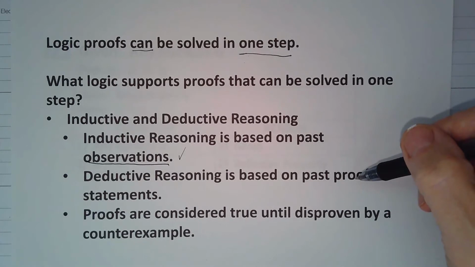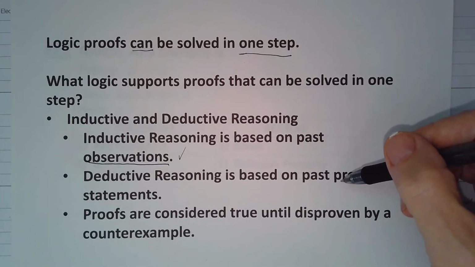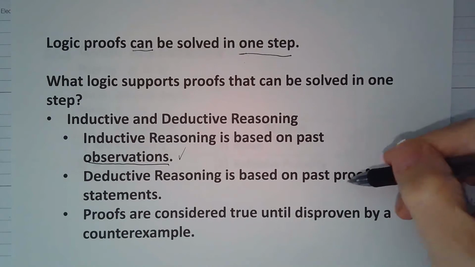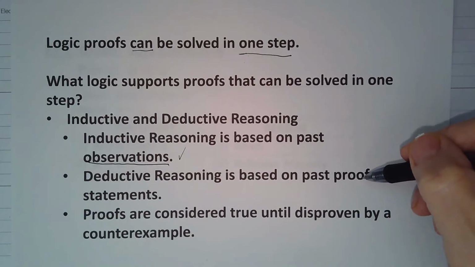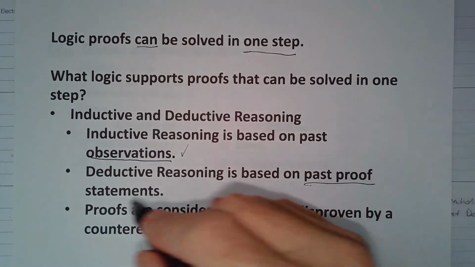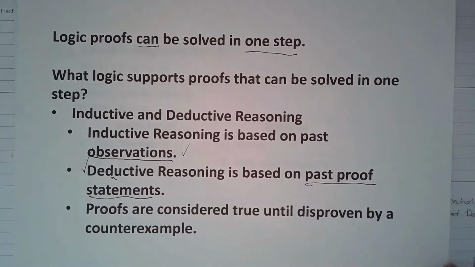But scientists would have, and in the older days, philosophers and magicians would have noticed the passage of a comet and recorded it. Their successors would note it again, and sooner or later they would discover that every 96 years it's going through our area. That is reasoning based upon past statements, which is called deductive reasoning.